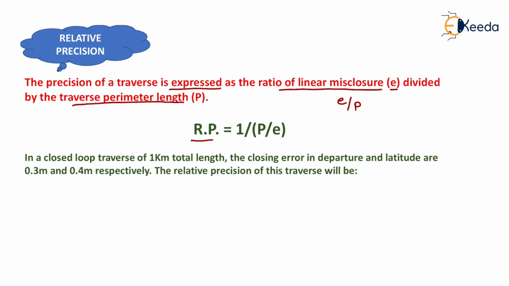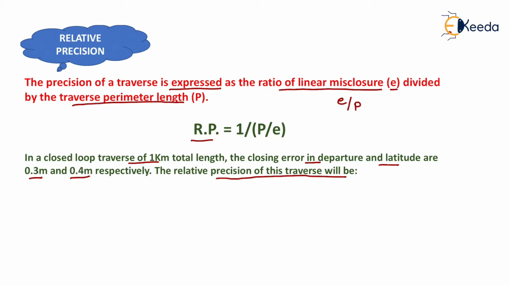Now one question is there, that in a closed loop traverse of 1 kilometer length, the closing error in departure and latitude are 0.3 meter and 0.4 meter respectively. The relative precision of this traverse will be.